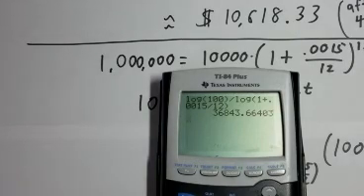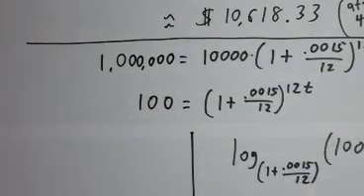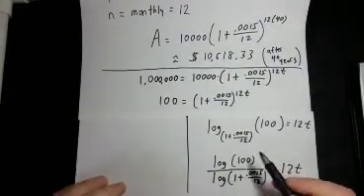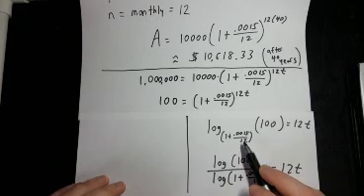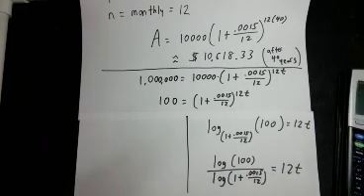Now it gets us this terrible number. Oh, but keep in mind that this number is equal to 12t. Now I can do that calculation again. I'll do it right here for you. There we go. Where you could evaluate the 1 plus 0.0015 divided by 12. You could evaluate that right at the very beginning of the problem if you wanted to.